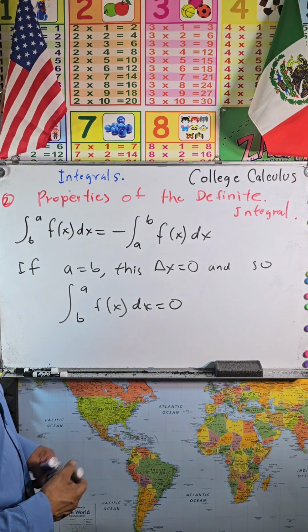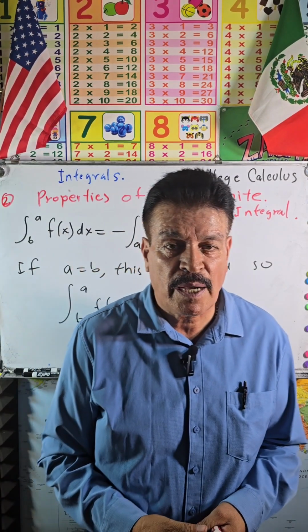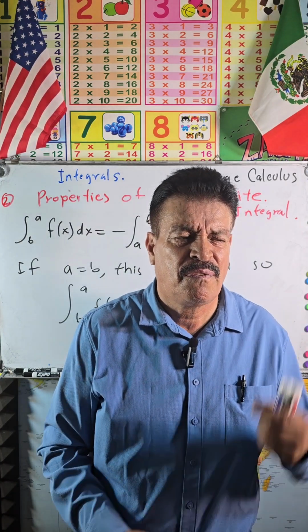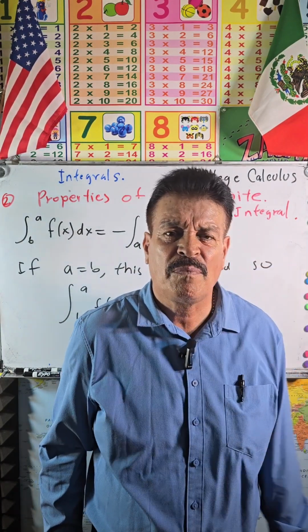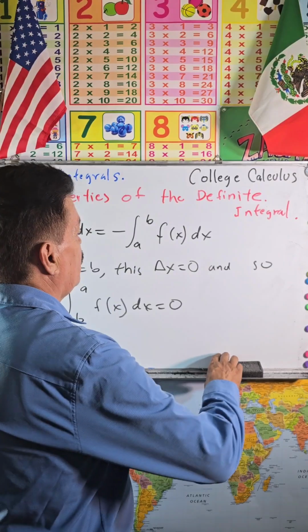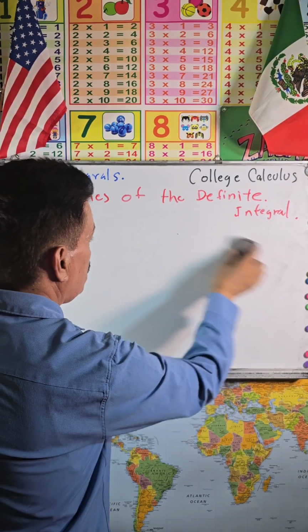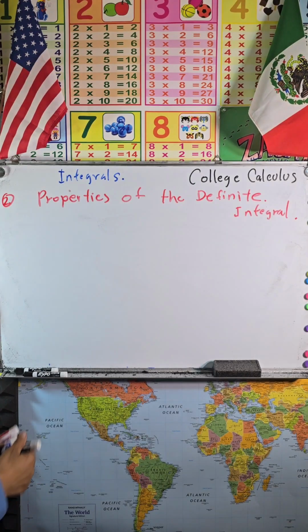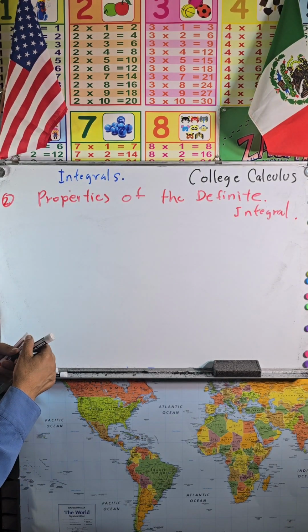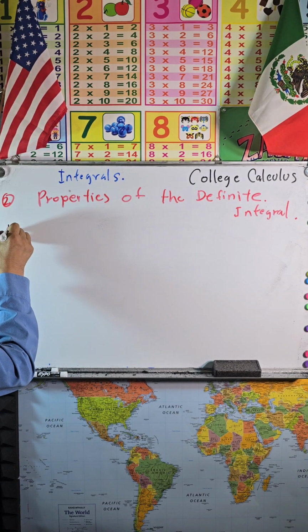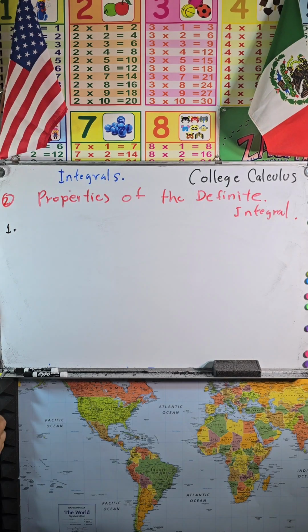Okay, so this is in general, but I will actually write five properties. Let me show you the properties, okay? But this is the main thing. So let me write the number 1. I'll write all properties here.